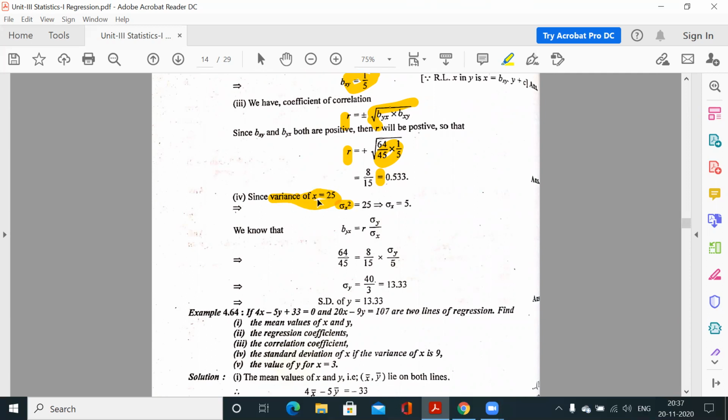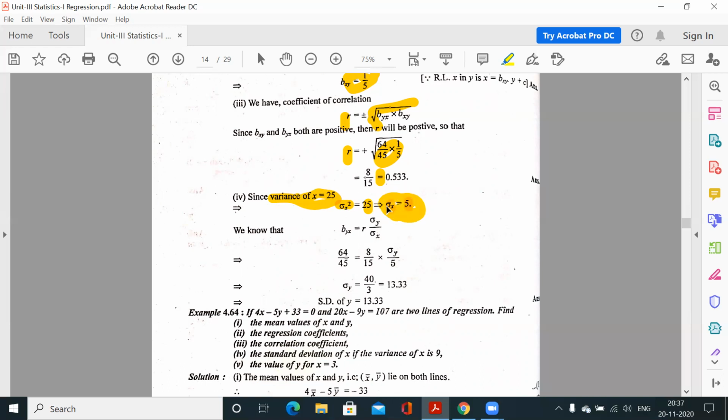So the square of standard deviation is 25, so standard deviation would be 5. It is positive because standard deviation is always positive, so we cannot take the negative sign. So taking the square root of variance gives our standard deviation. So this is the variance of x, that means the standard deviation of x is 5.